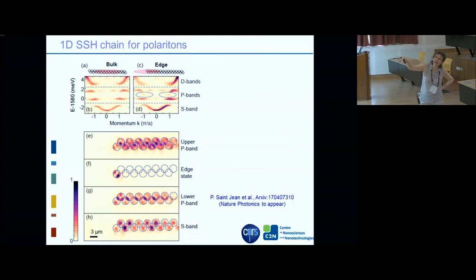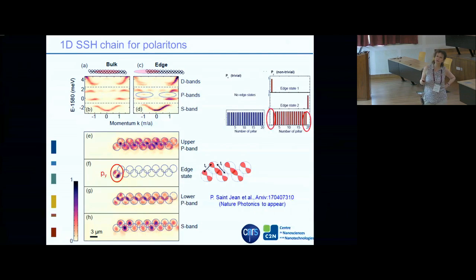When we look at the energy in the gap here, we see no emission from the bulk, and we have only this emission coming from the end pillar. And what is even more beautiful is that we have only emission from the PY. So this is really the topological chain and the PY state.